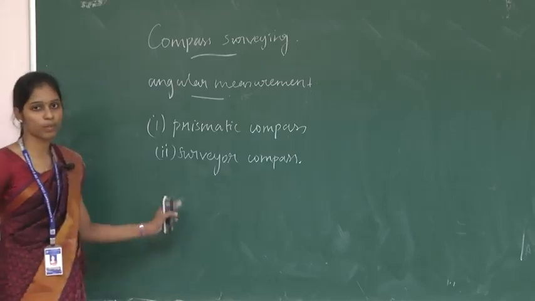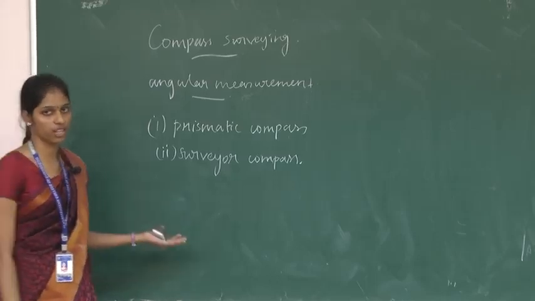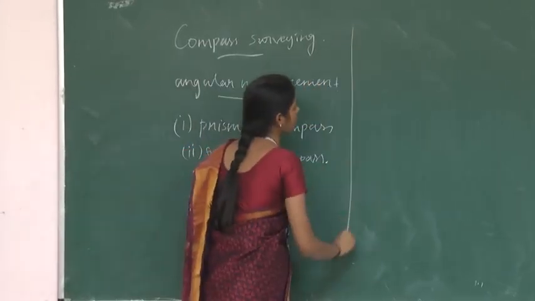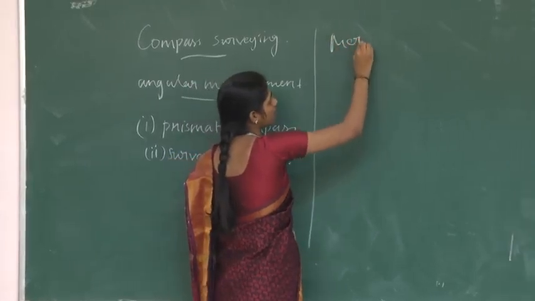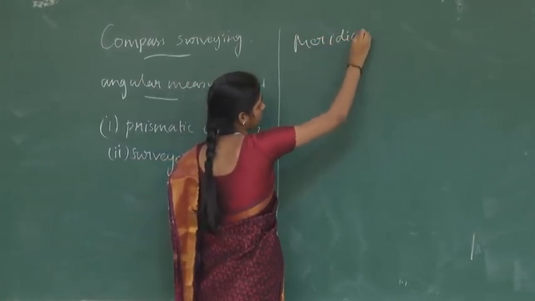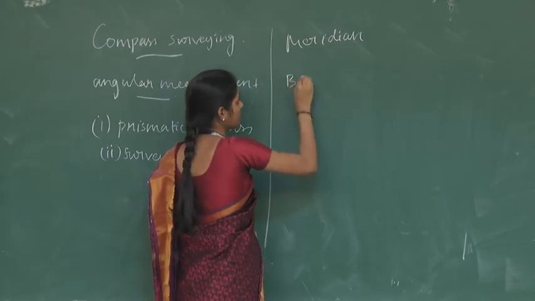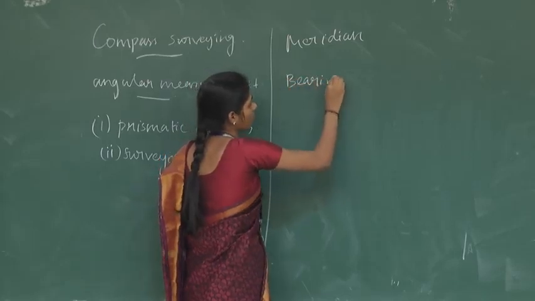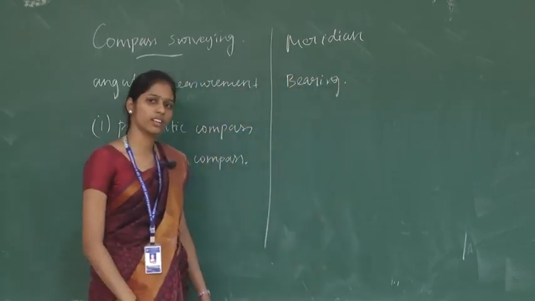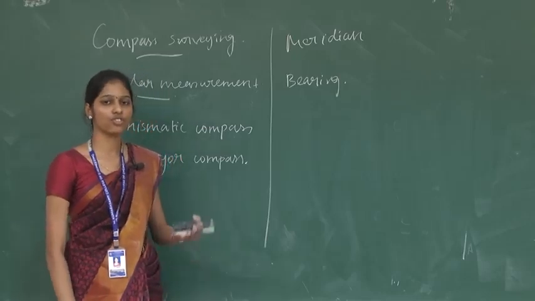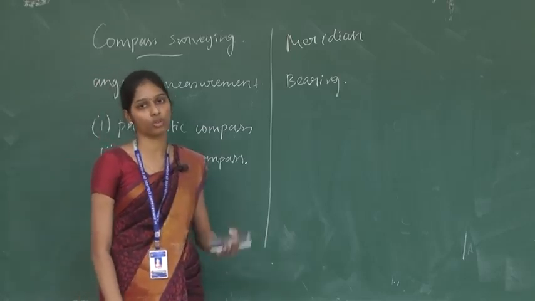Before getting into compass surveying, we have to know several terminologies, for example, meridian and bearing. What is meant by meridian? Meridian is a line joining the North Pole and South Pole.